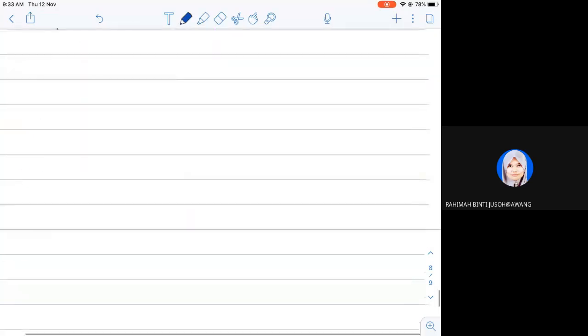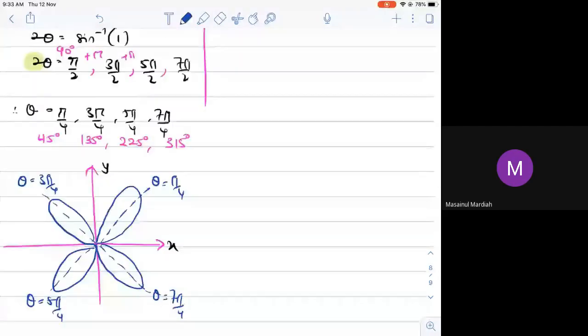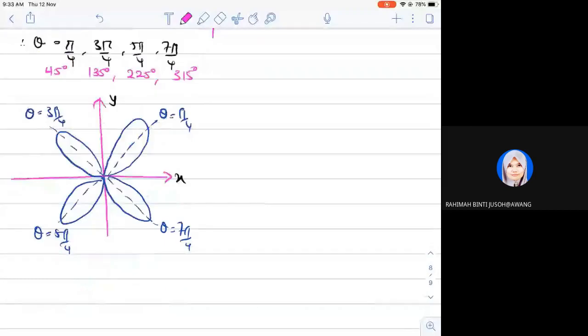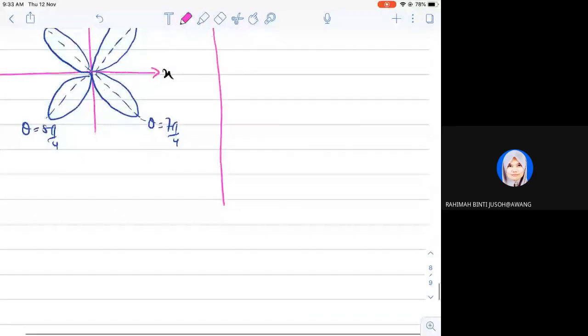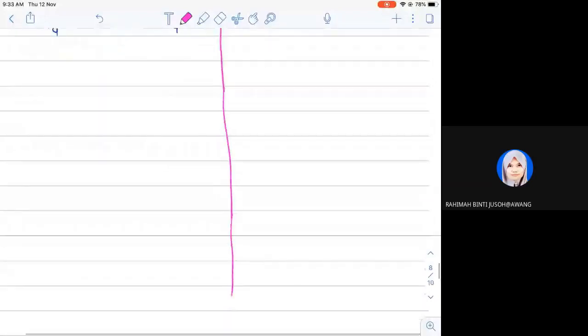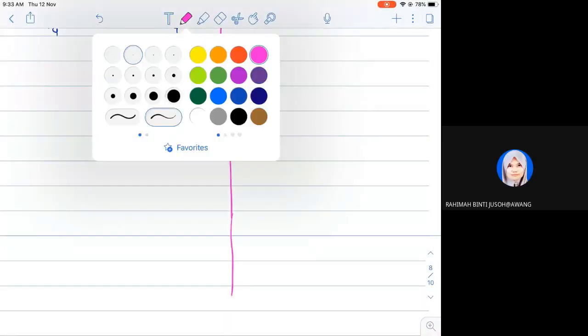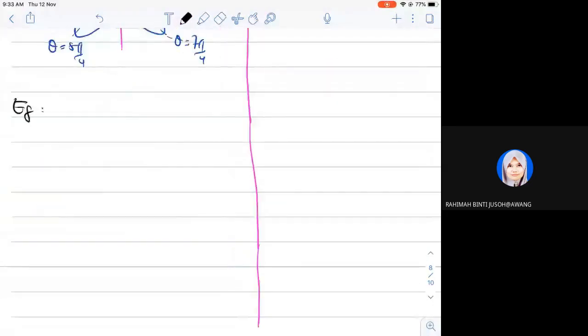Now, second example, saya nak tarik sikit ni. Tadi sine, kan? Let's say sekarang sketch r equals cos.